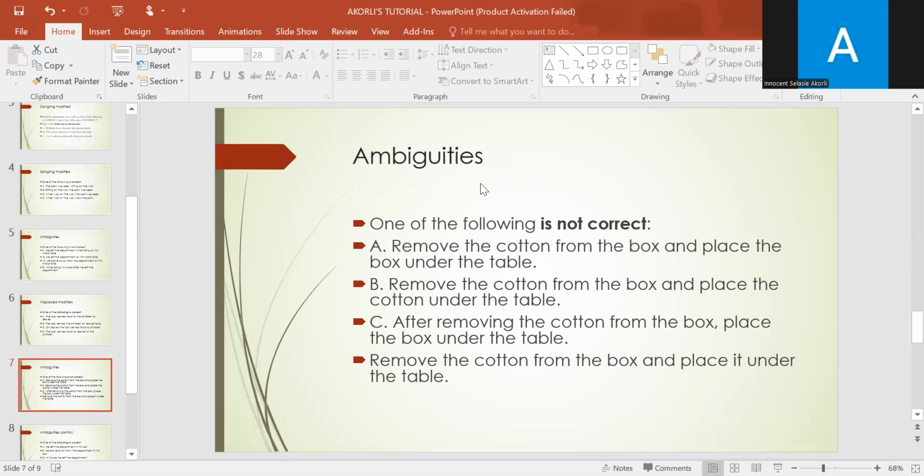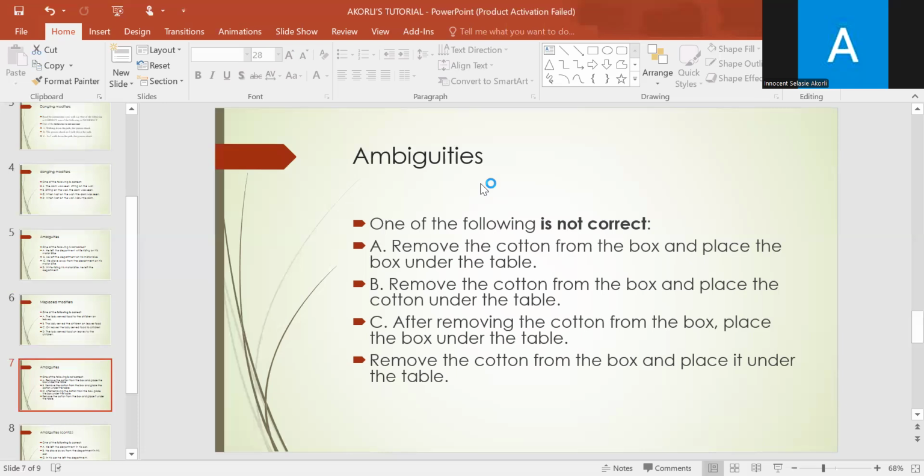We had this example in the class. In most classes, if I forget to discuss it in a particular class, I'm sorry, but you take the opportunity to listen to it and pick up the concept now. Remove the curtain from the box and place the box under the table. It's clear. There are two things there. Curtain in the box.